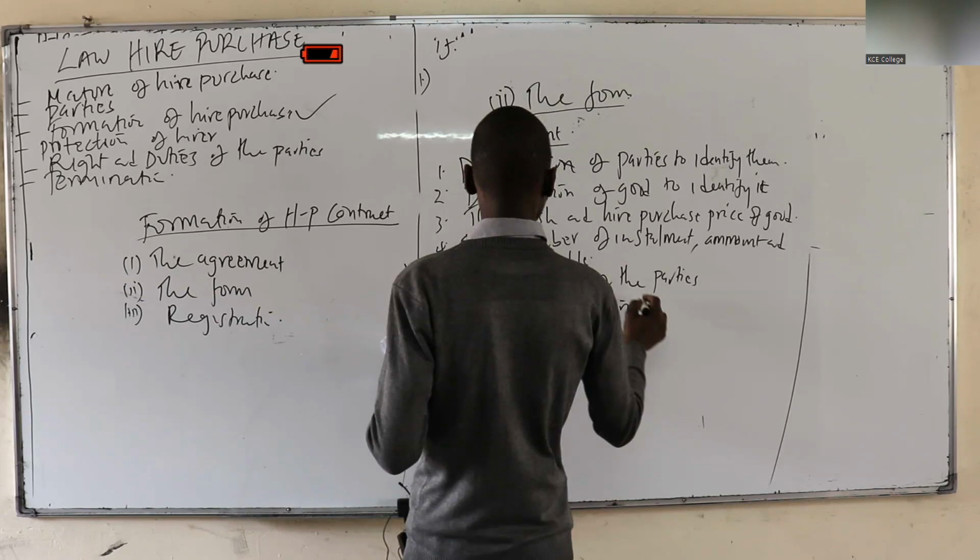We said implied terms, then we said Roman 1, start with warranties. So number 1 is quiet possession.